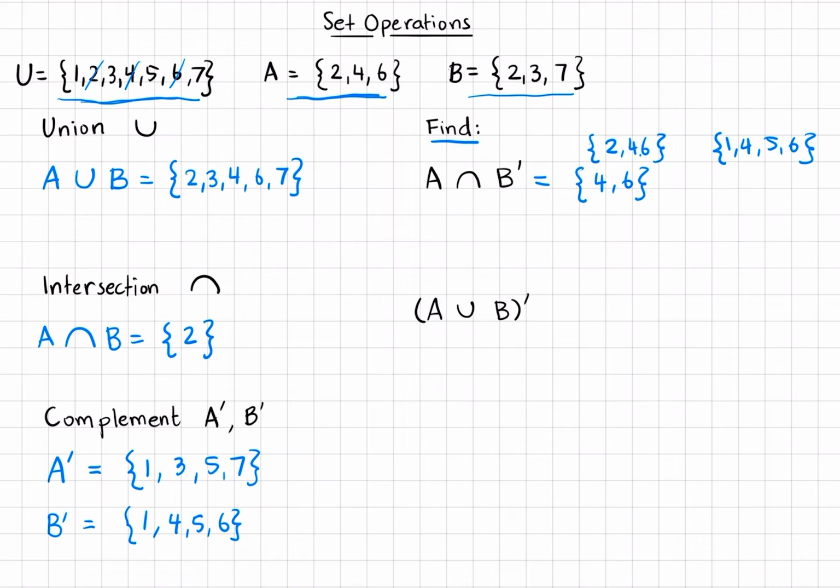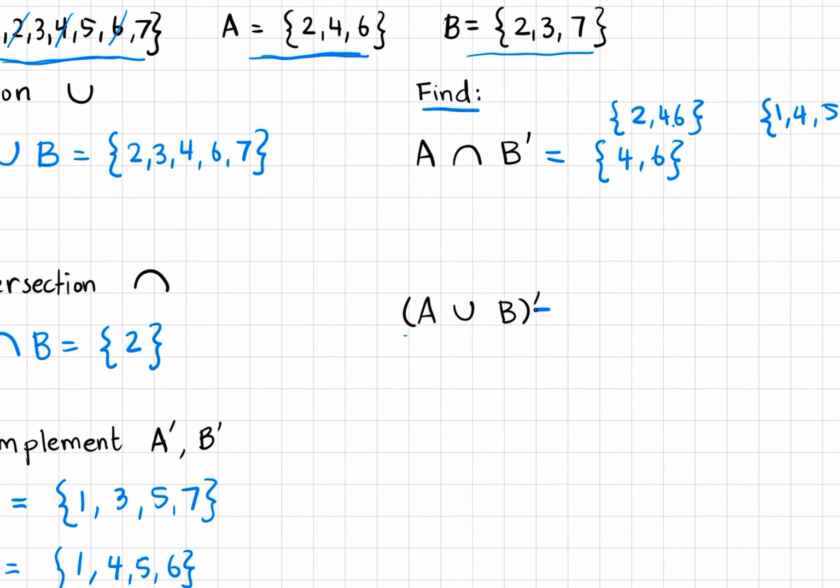Okay, the next example, find the complement of the intersection of sets A and B. So again, might seem a little weird. When we have brackets here, it means I want the complement of what's in here.